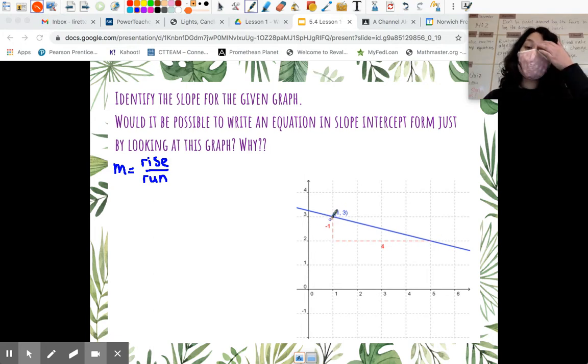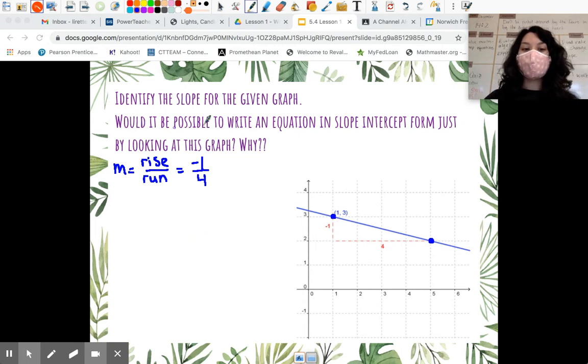It's best to use 2 points closest together, which I think are just going to be this point and this point. And it's kind of doing the work out a little bit for you. If I go from this point up here down to this point, I rise 1, because I'm really falling 1. And I run 4. Positive 4 because I went to the right. So my slope is -1/4. So we should have been able to do that part without any problems.